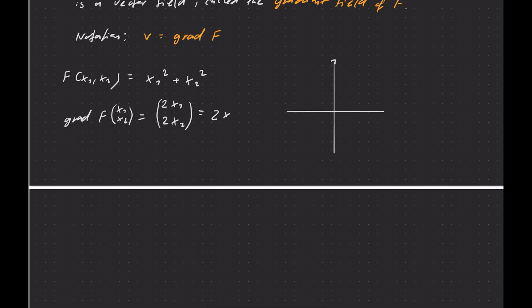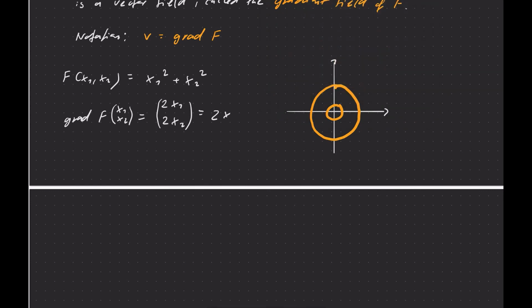In the plane, we can visualize the function f itself through its level sets. So we're going to do just that. The level sets of that function are just circles around the origin. So we have a circle like that, and then let's say a circle like that. That should be sufficient for the illustration.